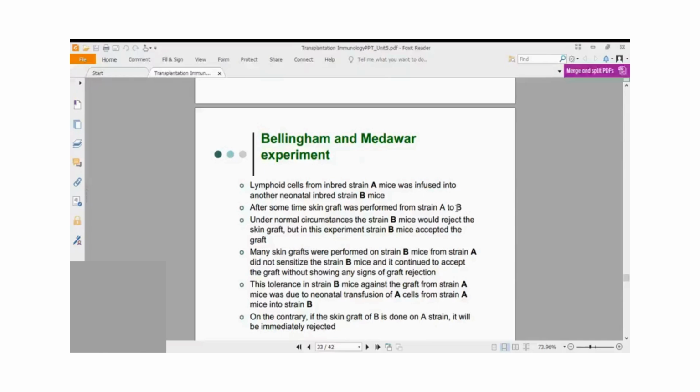Okay, and here I've explained to you about this tolerance mechanism, and you have seen in the newspaper that there were women who were pregnant exposed to coronavirus. Being exposed to coronavirus, these women might have transferred the soluble antigens of the coronavirus through the placenta to the fetus.